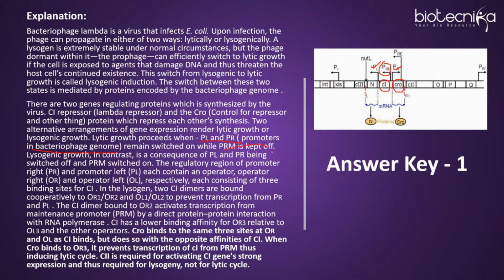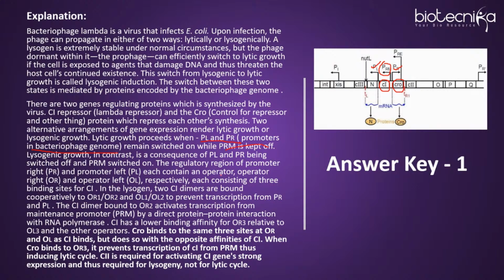So when PRM is kept off and the PL and PR promoters are switched on, the growth cycle in the bacteriophage is the lytic growth. Lysogenic growth takes place when PL and PR are switched off and PRM is switched on.